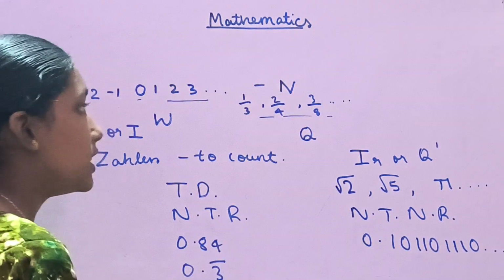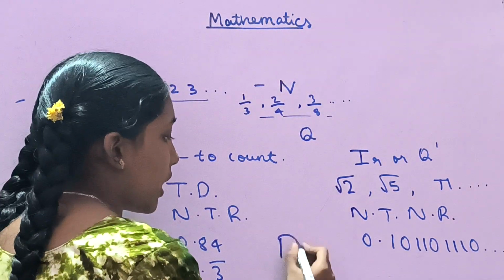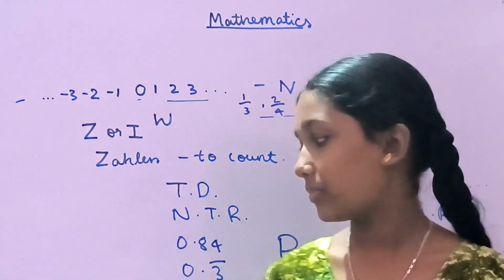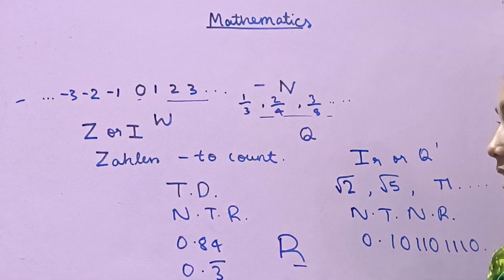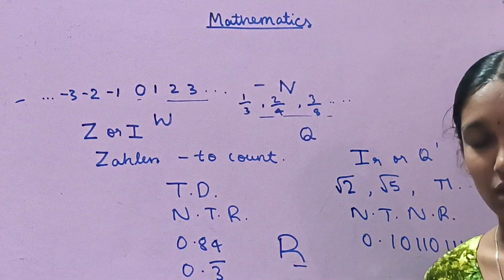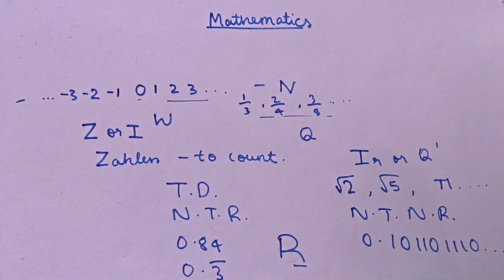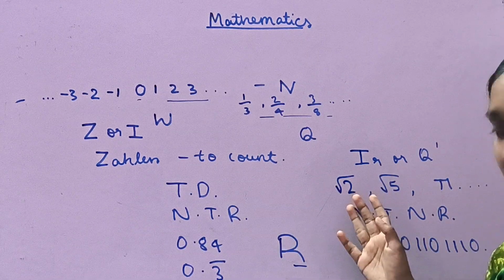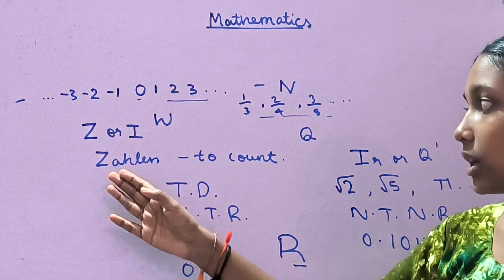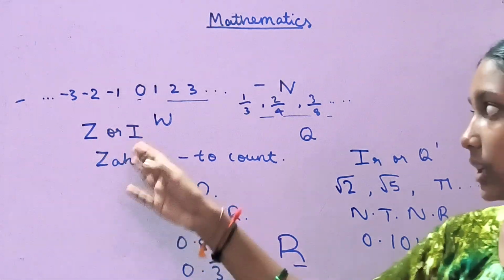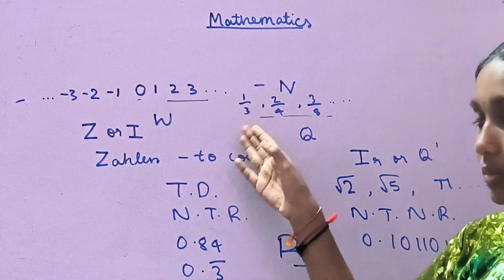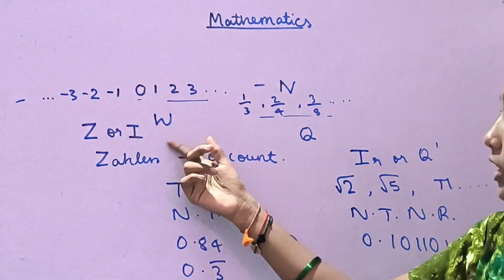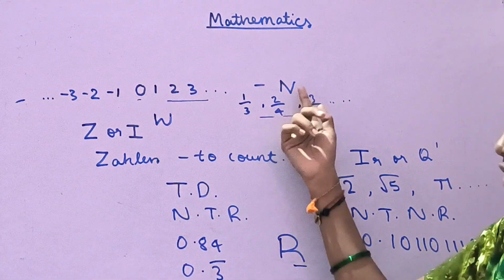Real numbers are denoted by the symbol capital R. So now we learned what real numbers are, what rational and irrational numbers are, their decimal expansions, and about Zahlen, which are negative numbers, positive numbers and zero combined together, known as integers, whole numbers and natural numbers.